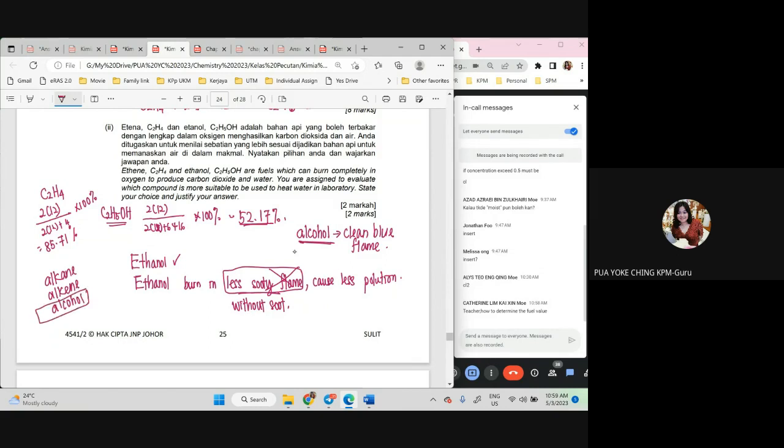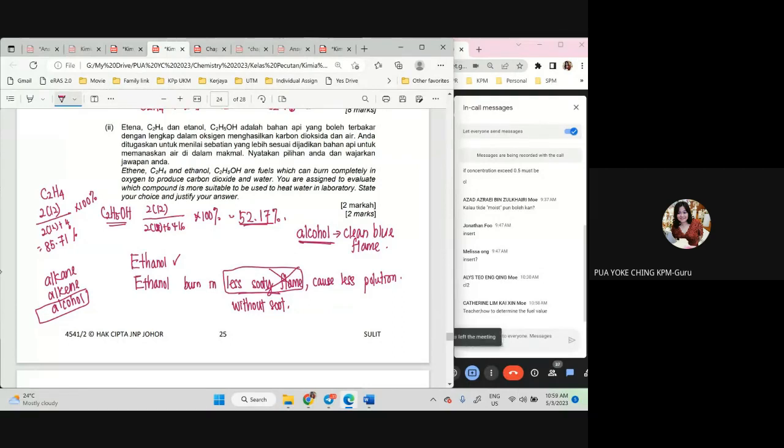Alcohol mesti lebih baik. Among these three lah, alcohol is a better fuel, is a clean blue flame. Dia tak ada soot. Okay? So, kalau dia tak bagi fuel value, we actually cannot identify the fuel value like this.